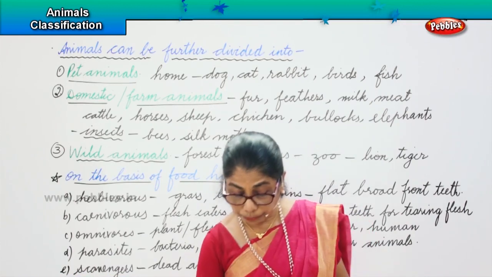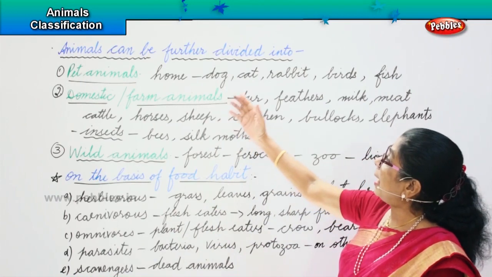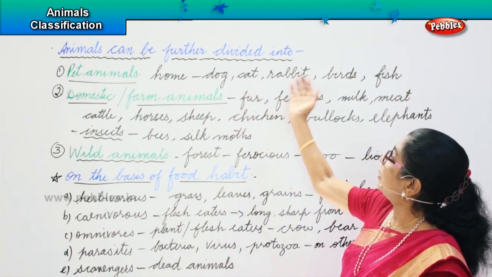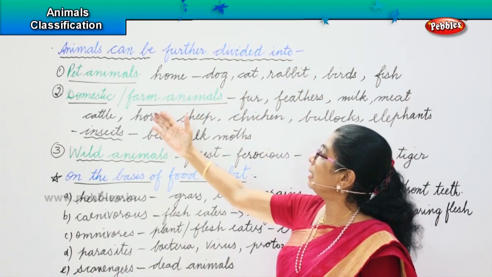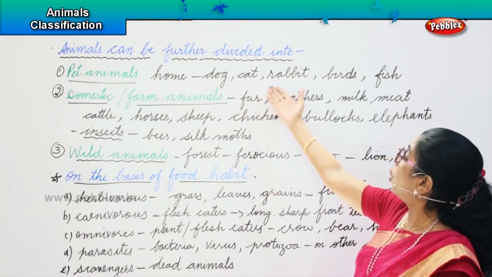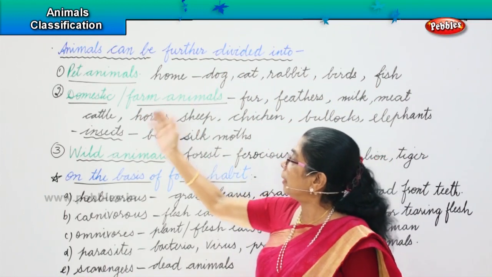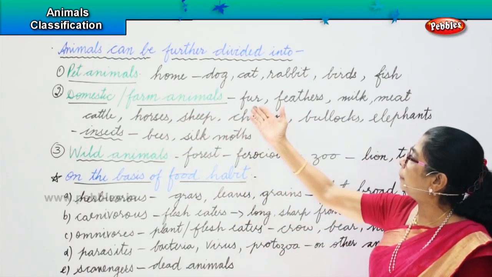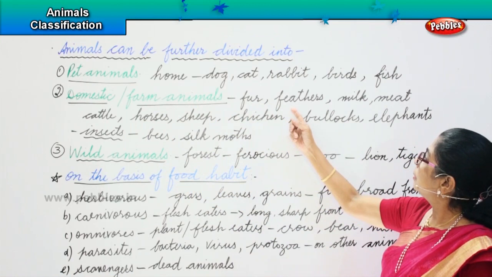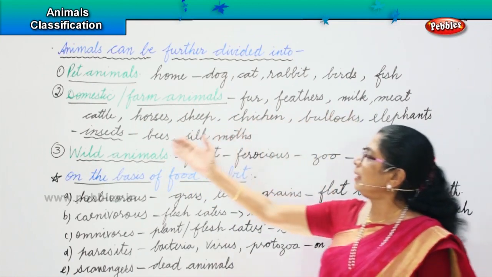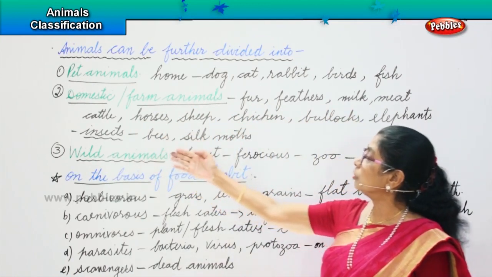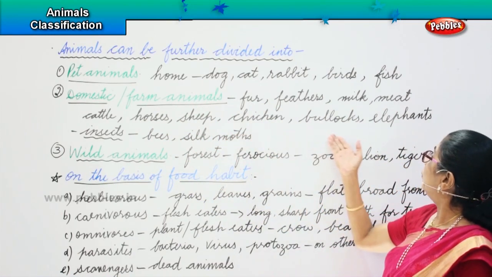Now, we looked at animals that can be further divided into pet animals that we keep at home like dog, cat, rabbit, birds and fish. Then domestic and farm animals, they are kept for various purposes, for collecting fur, feathers, milk, meat. They are cattle, horses, sheep, chicken, bullock, elephant.